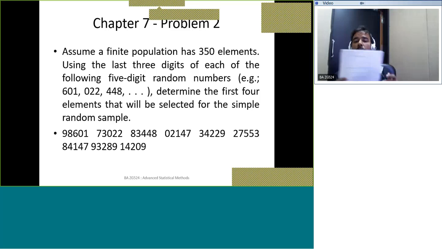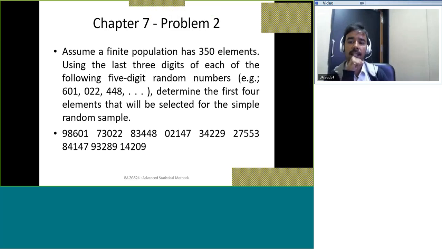Yes, so we can include 147. Is it easy to understand? Any queries from this question? Shall I move further? Yeah, I'll repeat. The question is that we have a finite population of 350 elements.